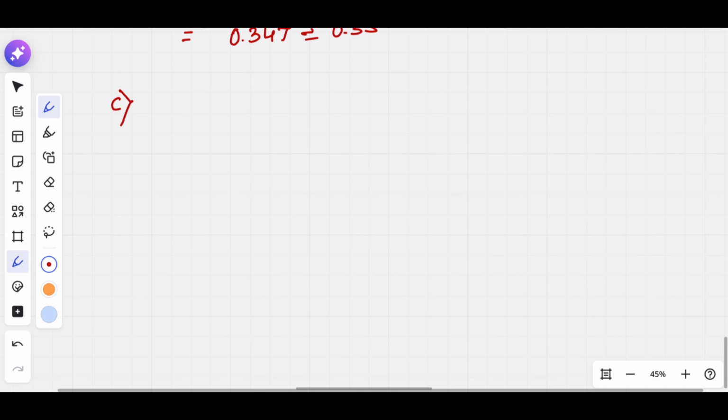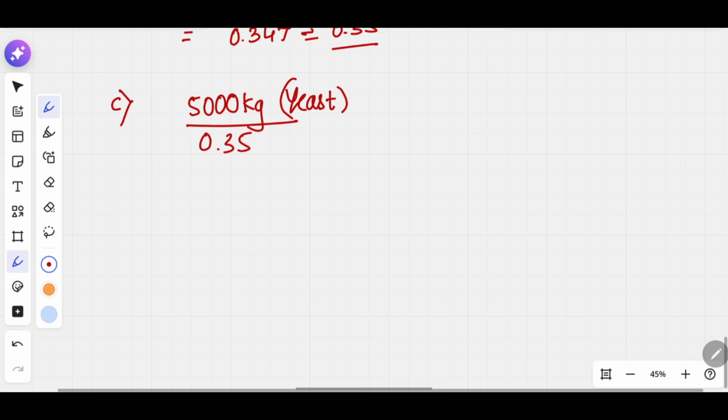To find out the total glucose, we take our total yeast goal and divide it by that yield factor. So we have 5000 kg, which is the yeast, and now we are going to divide it by the yield. What yield have we got? 0.35 is the yield, or take it as 0.347, it doesn't matter.